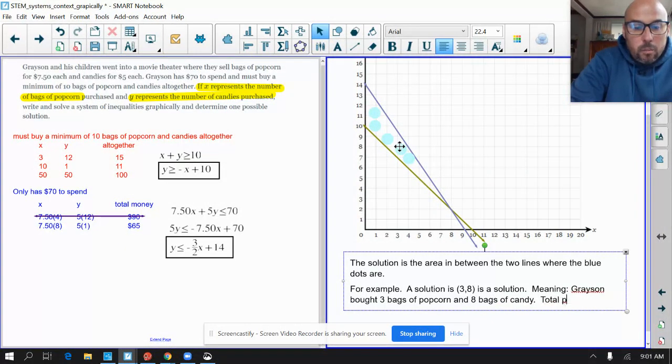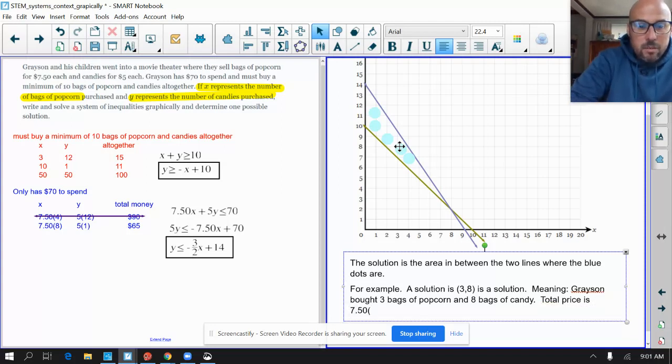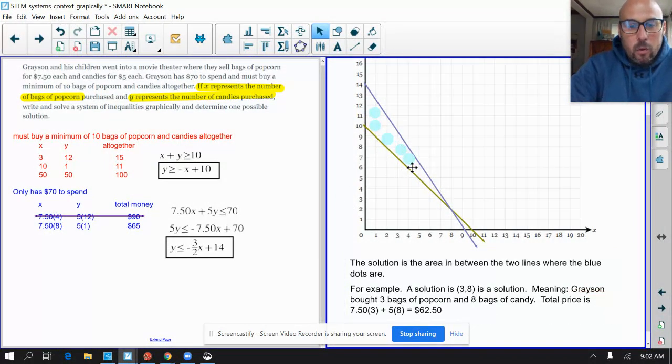The total price is, let's see here, $7.50 times 3 plus 5 times 8 equals, go to your calculator. $7.50 times 3 plus 5 times 8 is $62.50. We got it. Any ordered pair in here will work. More than 10 items, under $70.